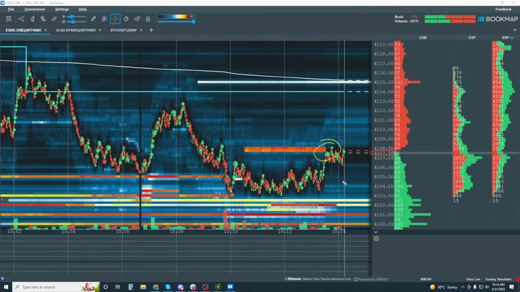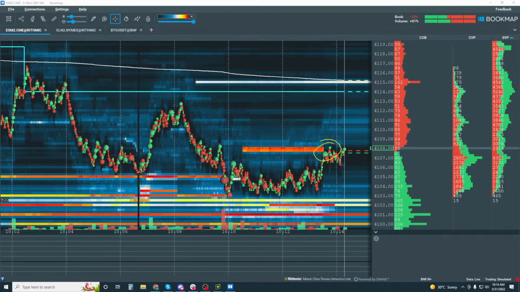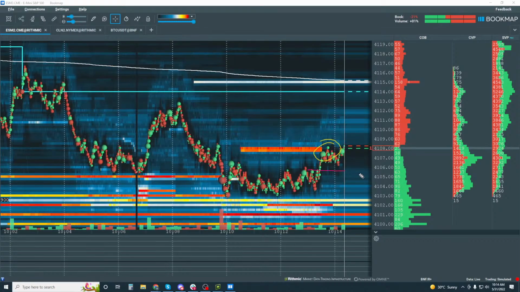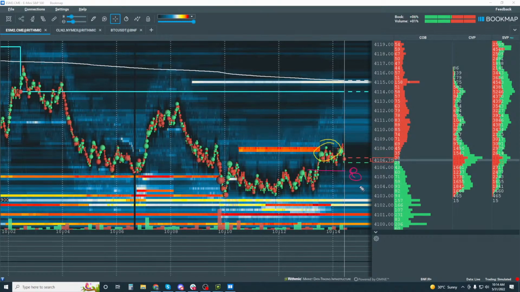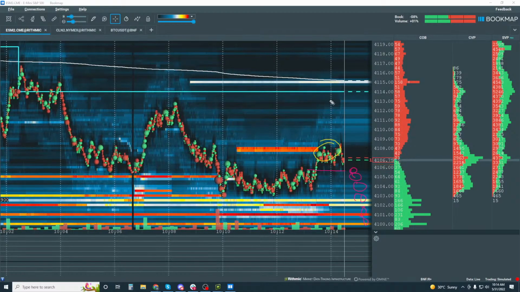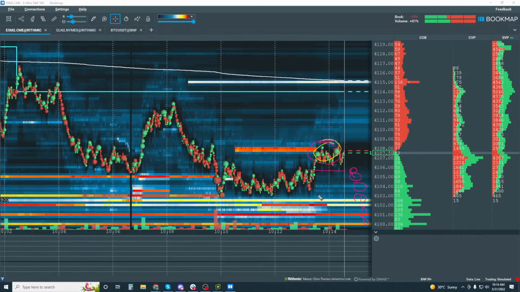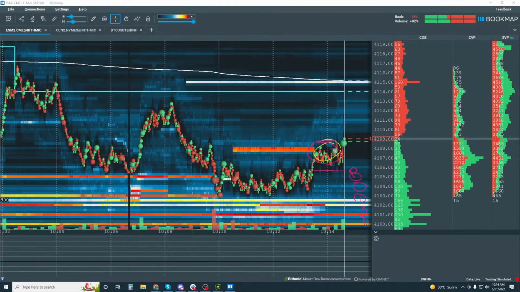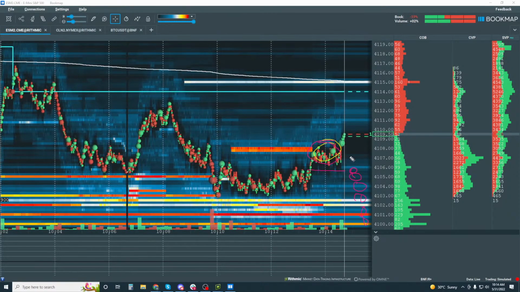Now what we're looking for, and let me change my color, is if we can get sellers back down around this area here, we're looking for big red dots in these areas, and then the continuation on down. And these guys up here that we just outlined in yellow, they're offsides. They're the ones that are going to get stopped out on the way down. So that's what that scenario looks like.